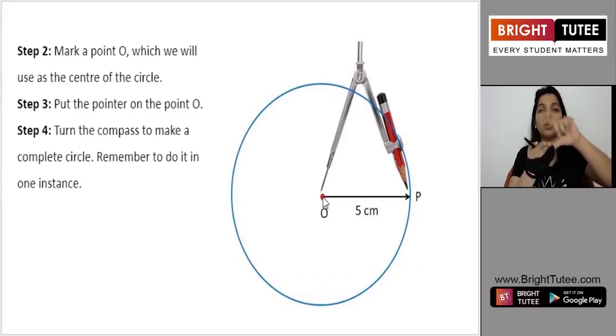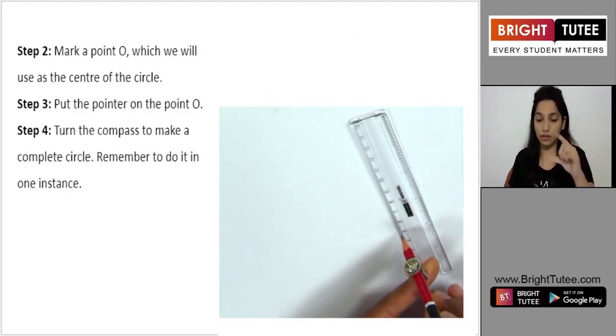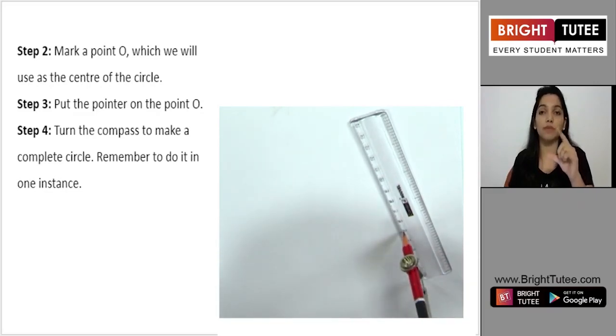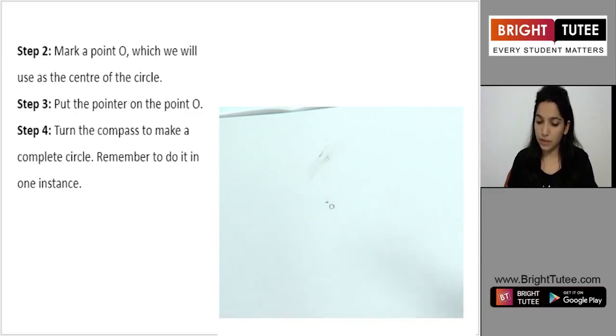When you rotate this compass completely and come back to the same place where you started from, you will get this kind of an image. That is the image of the circle. And the measure of the compass that you have kept open, here we have marked OP.